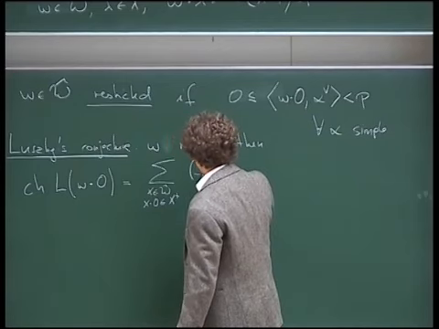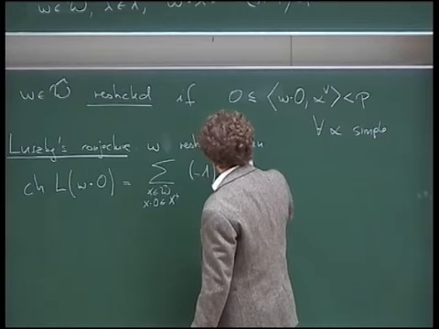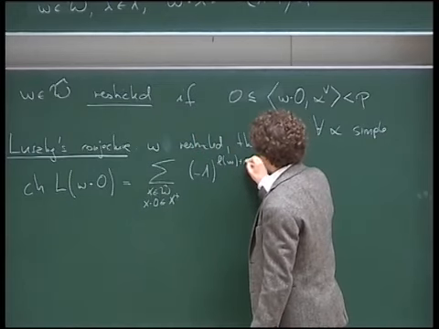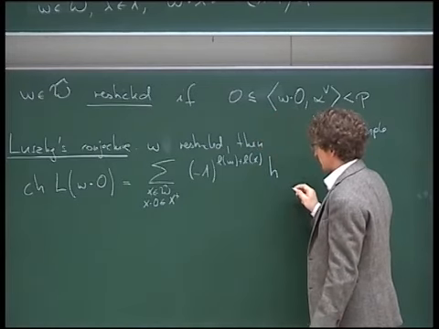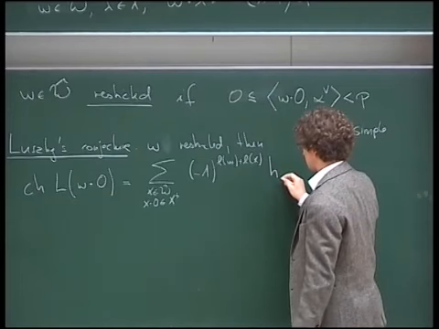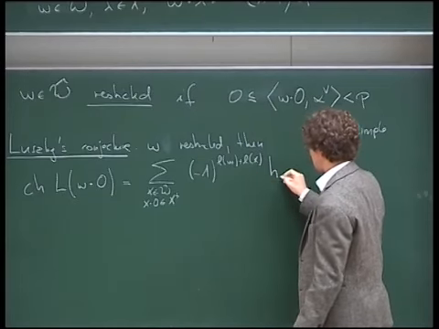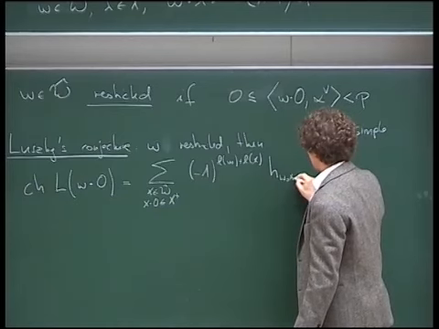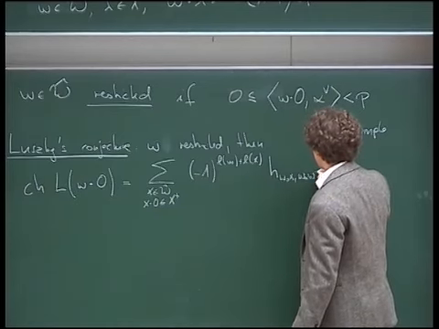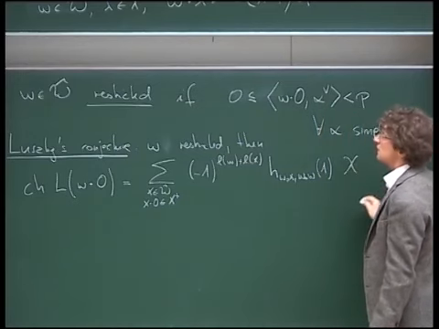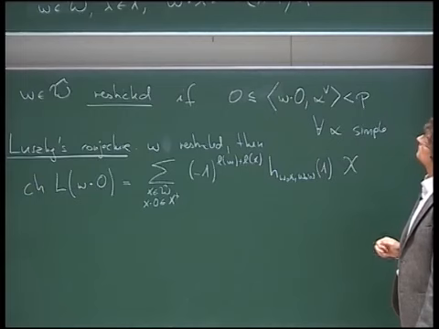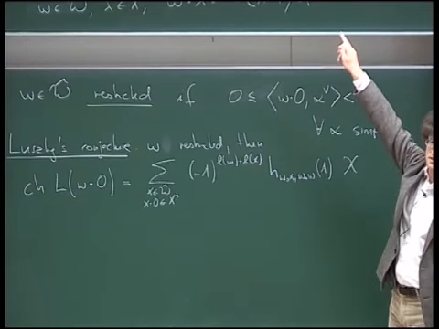And here you have the following expression. There's a factor -1 to the sum of the length, and then the affine Kazhdan-Lusztig polynomial evaluated at 1 times the y character that we defined over there.